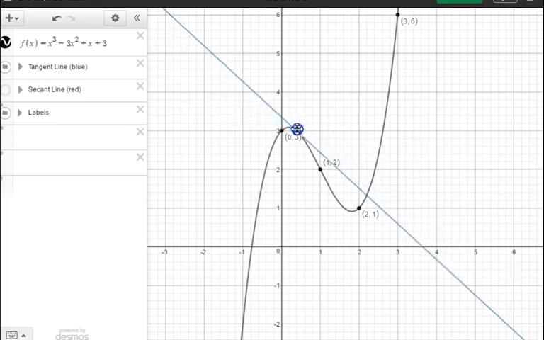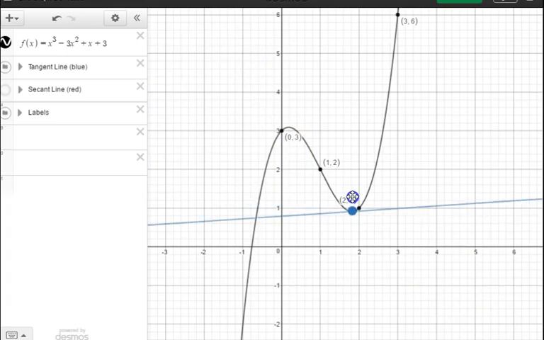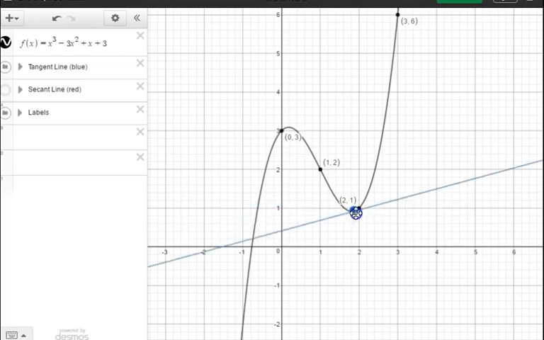And then we have a negative slope. Notice it's getting faster and faster, steeper and steeper. Now it's starting to get a little less steep until we get down to the bottom here. We have another 0 slope. I can't get it exactly right there at the 0, but you can see that the slope pretty much levels off to 0, and then it moves up and becomes a positive slope, getting steeper and steeper and steeper.